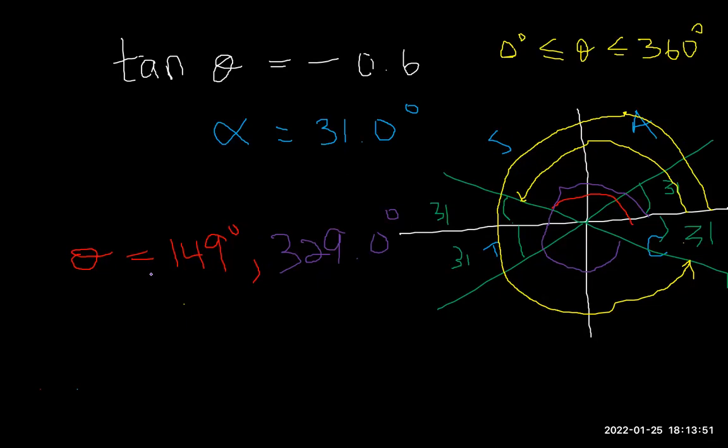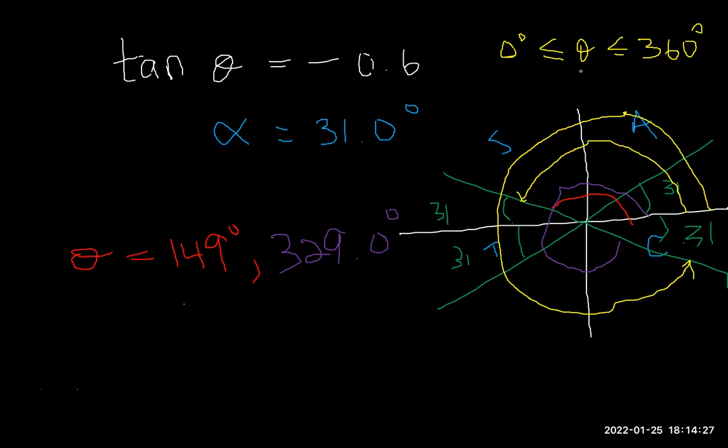If you put negative 31 into a calculator, technically you're not incorrect. If I just left my domain as all real numbers, going down to negative infinity and up to positive infinity, negative 31 would be valid. Why? Because if I say tan of negative 31, I will in fact get negative 0.6.